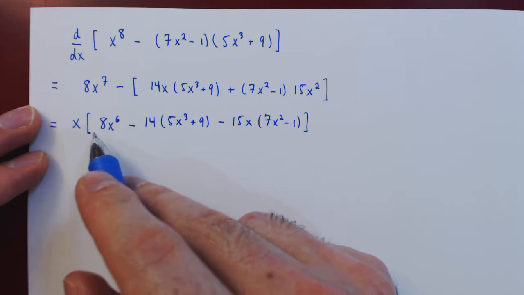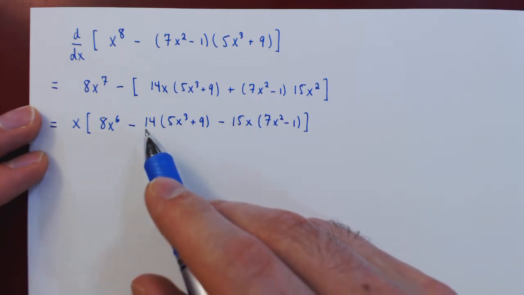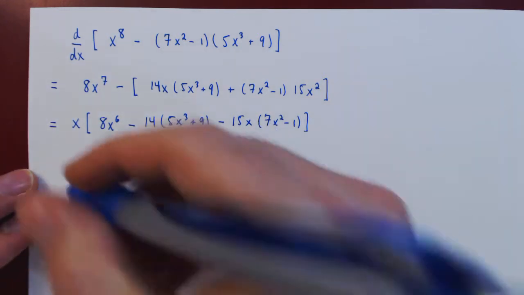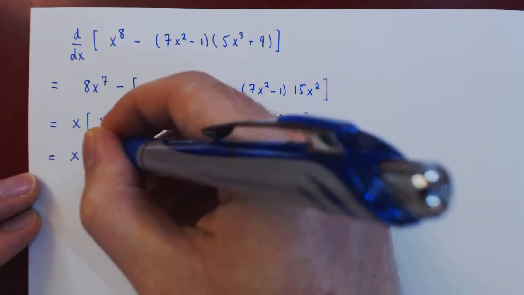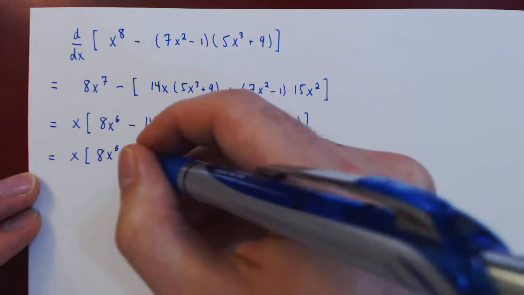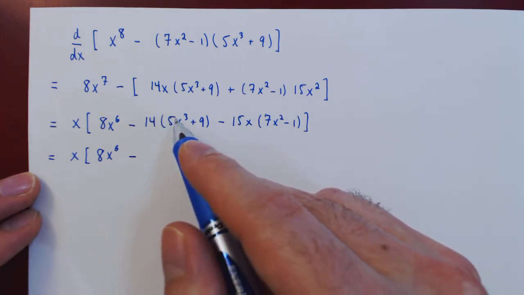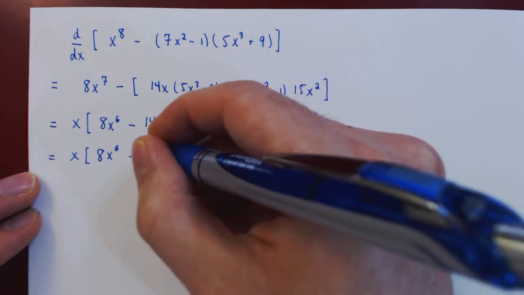And now if you look at the remaining three terms, there is no other common factor, but what we can do is multiply these two terms out and then regroup similar terms. So minus, so 14 times 5, well, 5 times 4 is 20, 5 times 10, 50, so 70. So negative 70x cubed.